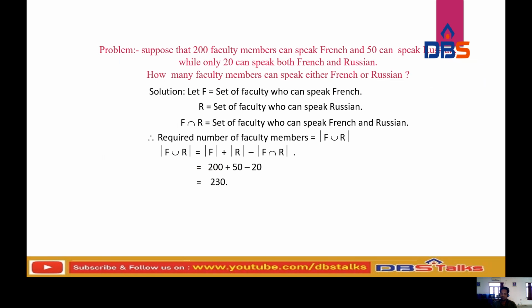Suppose that 200 faculty members can speak French and 50 can speak Russian, while only 20 can speak both French and Russian. How many faculty members can speak either French or Russian? 200 is French, 50 is Russian, both are 20.